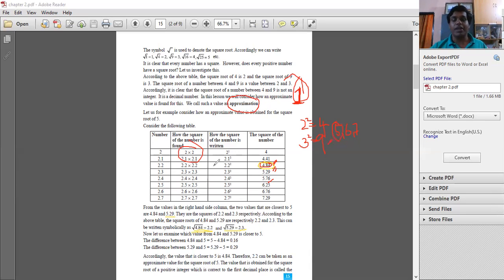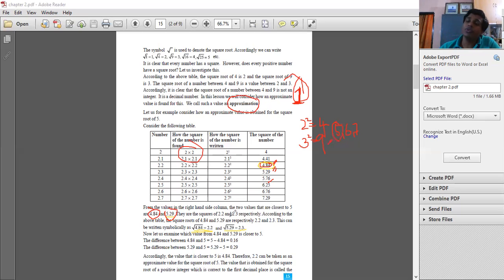What we have done is taken the squares of 2.1, 2.2, 2.3, 2.4, 2.5, 2.6, 2.7. We have written them down, and the answers show us that 4.84 and 5.29 are present.